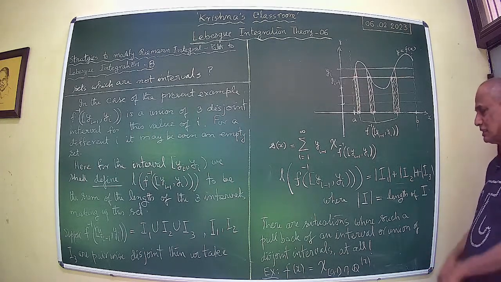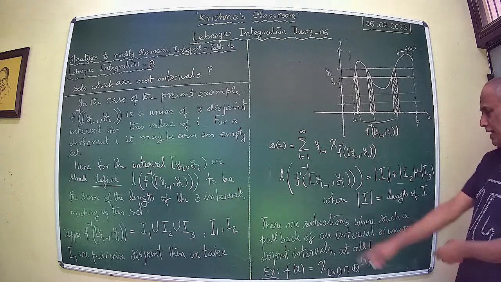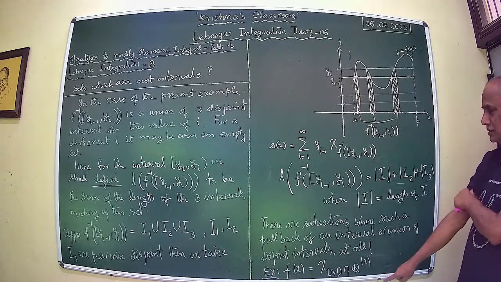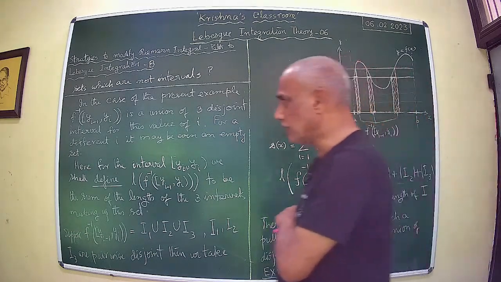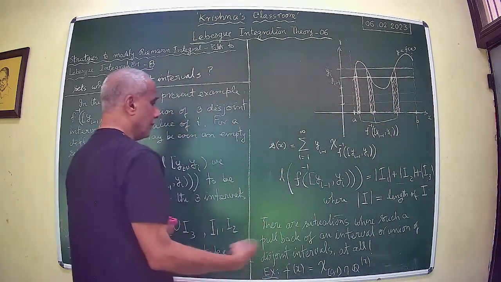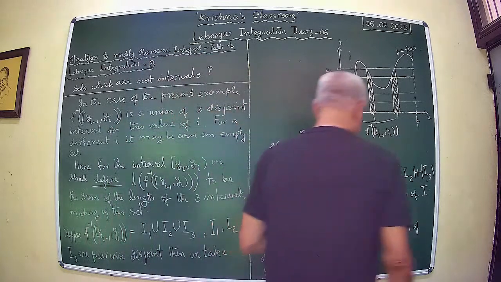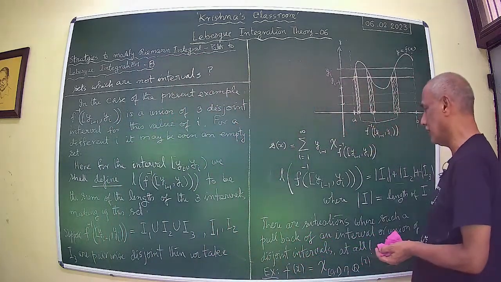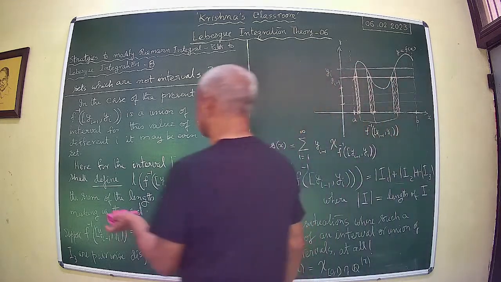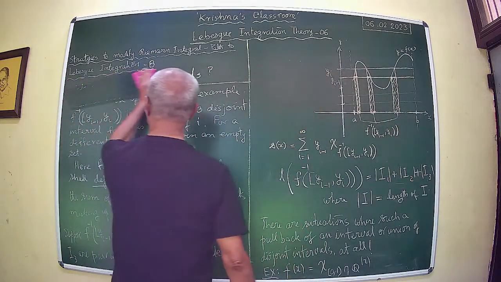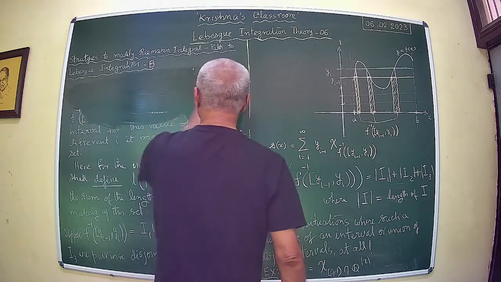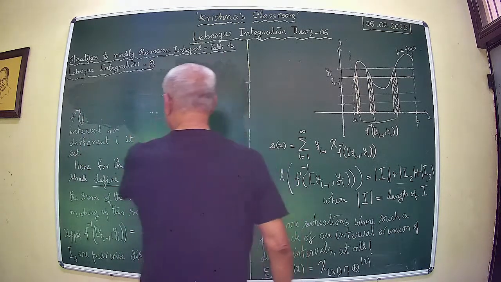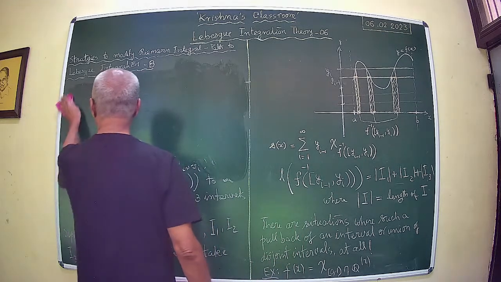Okay, now this is the problem. If you want to accommodate these kind of functions, you have difficulty. And then what do you mean by the length of such sets? Okay, so let us write this down. Because I cannot draw the graph of this function, because at all rational points it takes a value.